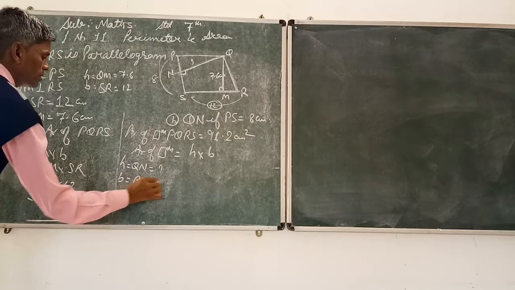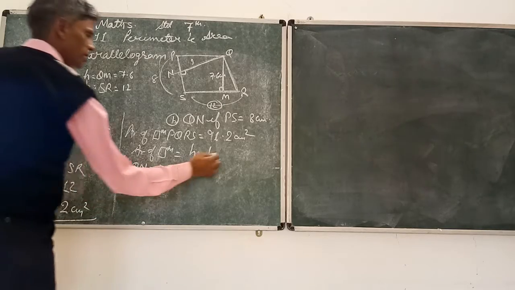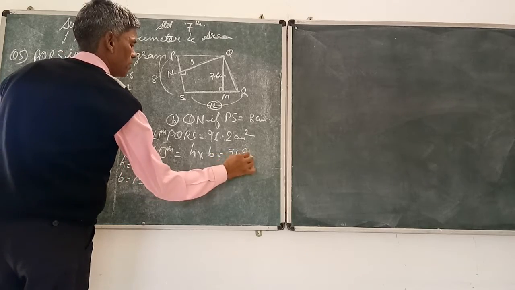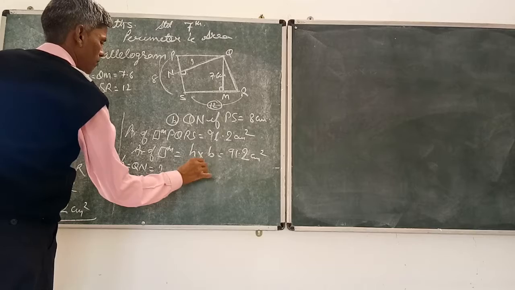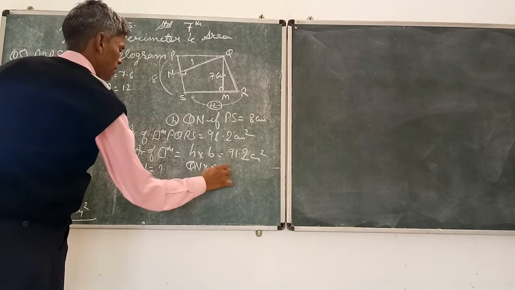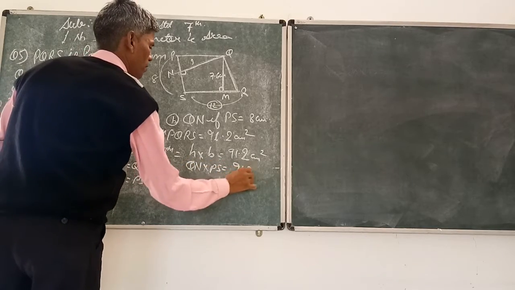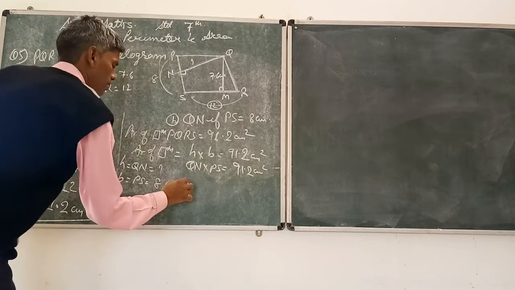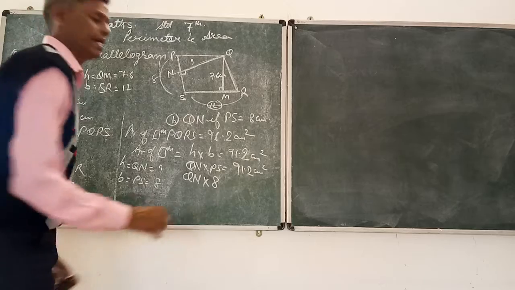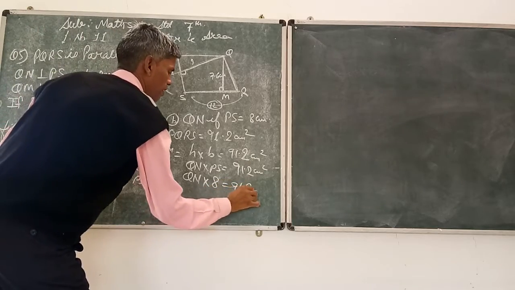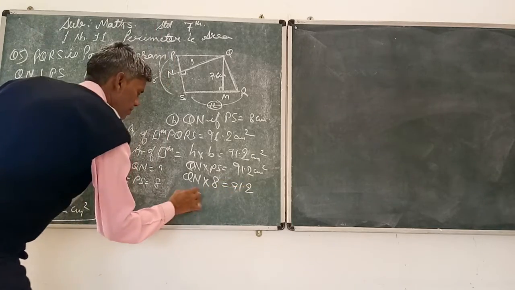Base is PS, that is 8. Its area is 91.2 centimeter square. QN into the value of PS, 8, is equal to 91.2 centimeter square.